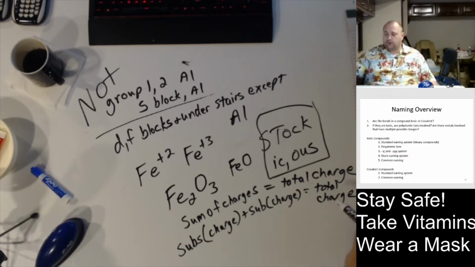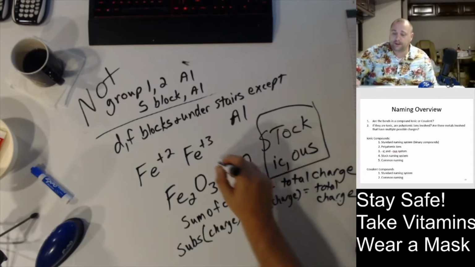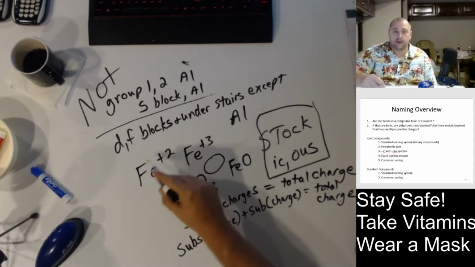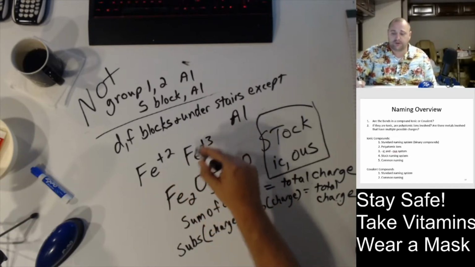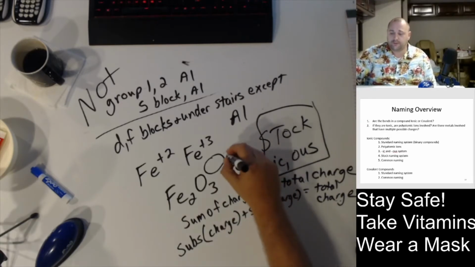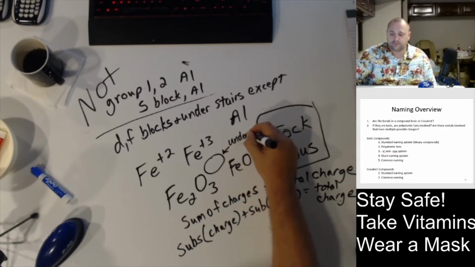So you can bet the test will give you some that have a total charge. Where will the total charge be? It will be up here. It has to be given. Just like when I wrote this iron, I needed to say that was with a +2 and this had a +3. So the total charge would be up here. If there's nothing there, that's an understood 0.